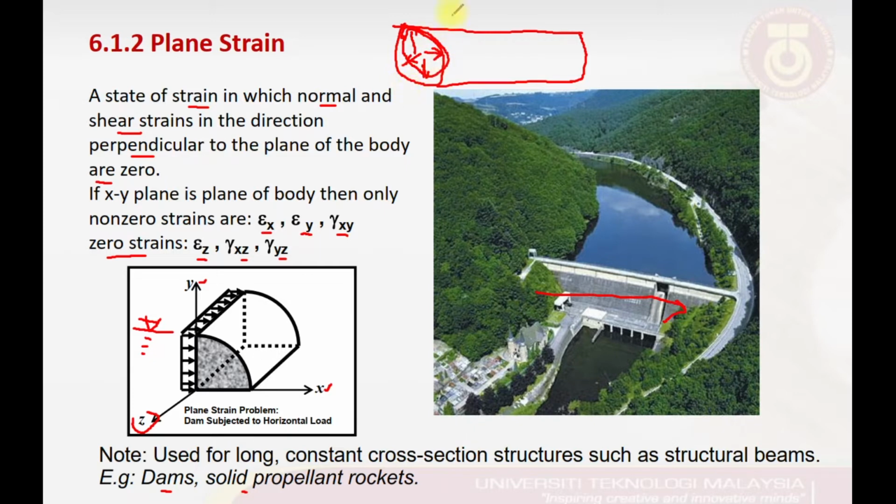The barrel itself is not that thin, but this pressure is actually applied along the sections of this rocket body, and this falls under the plane strain conditions.